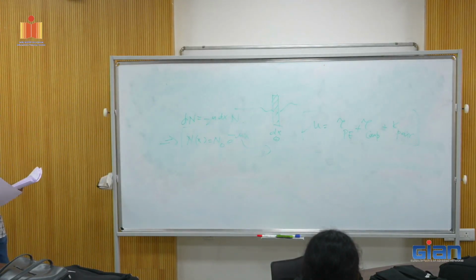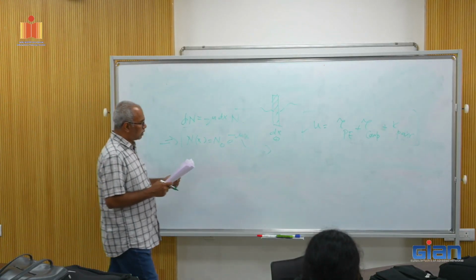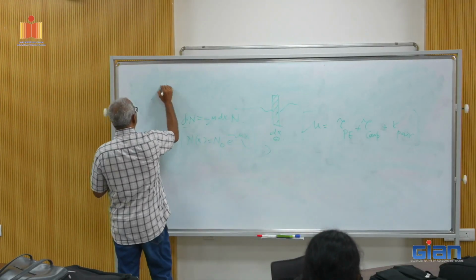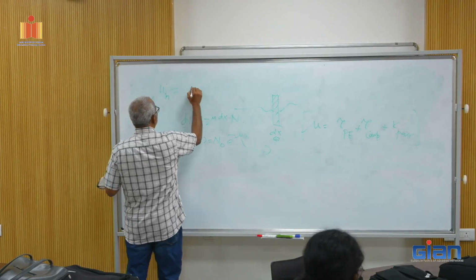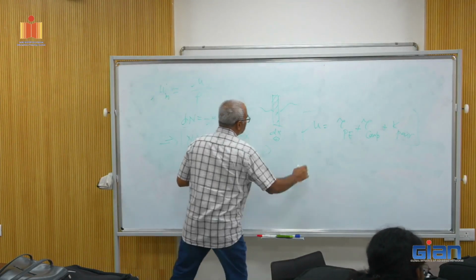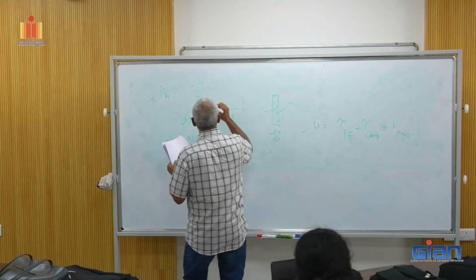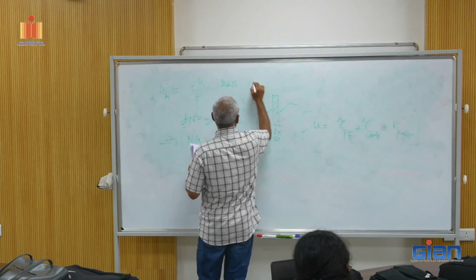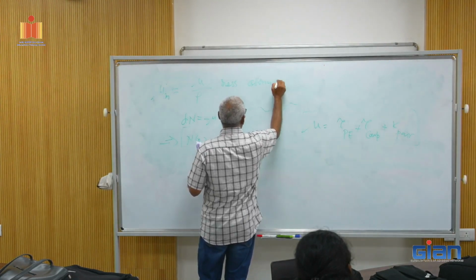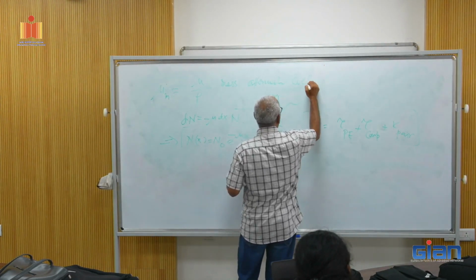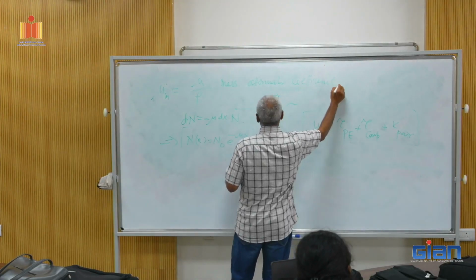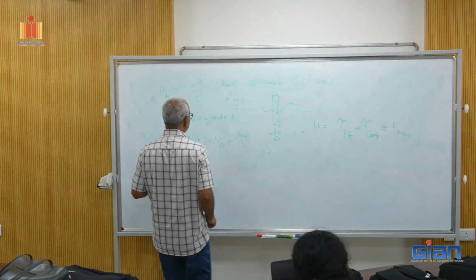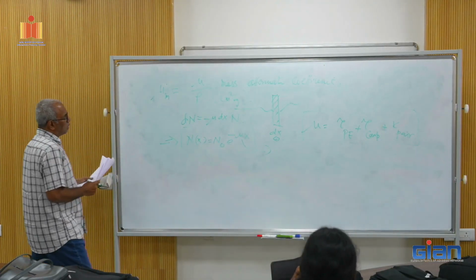There is also the mass attenuation coefficient, which is nothing but mu divided by the density, and its unit is cm square per gram.